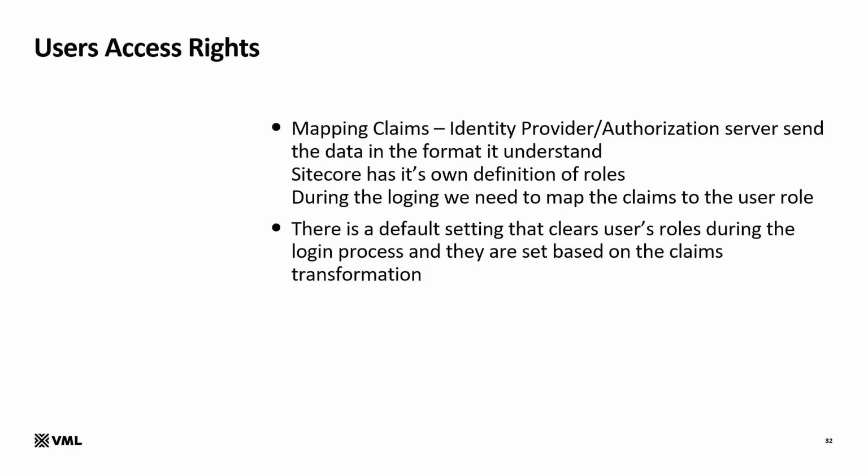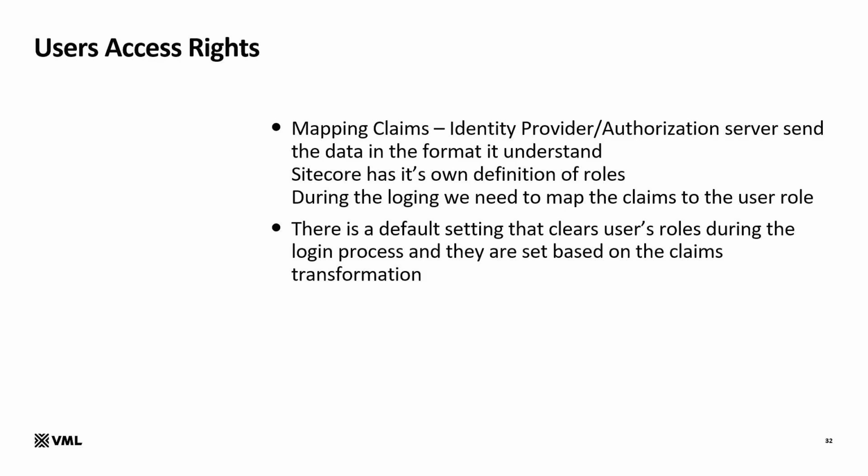But Sitecore has its own roles and doesn't understand our roles in the identity provider, and we can have other applications where we also want to assign users some rights, and what helps with that brings us to mapping claims.